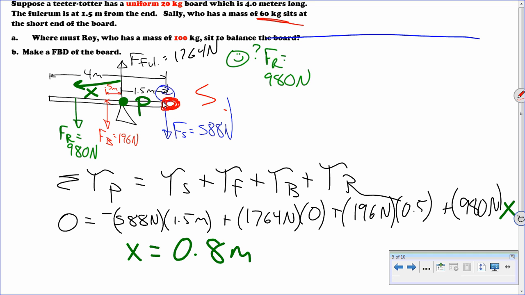But leave the fulcrum where it is. So the torque from this would be 588 times 0. The torque from this would be 1764 times 1.5. That's making it rotate this way. And then these two forces are making it rotate this way. Ideally, this torque will cancel those torques.